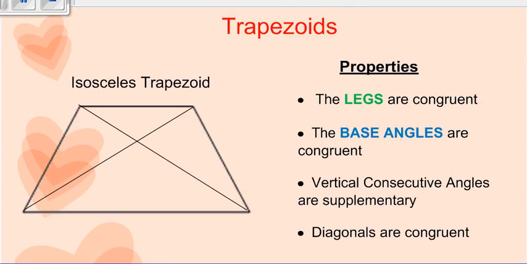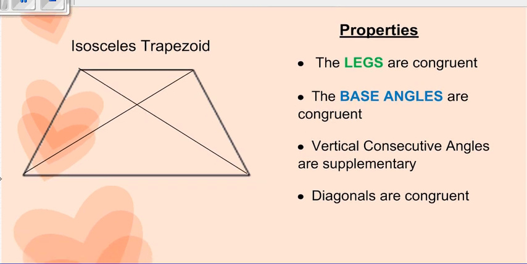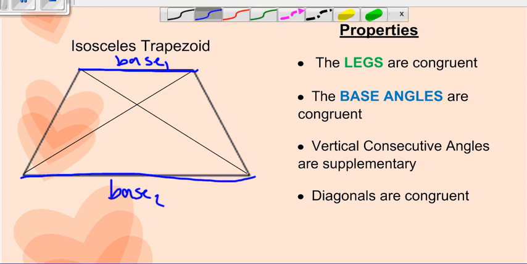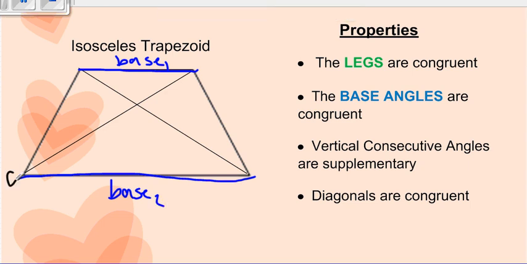So let's look at a special trapezoid known as the isosceles trapezoid. It's still going to have its two parallel bases, which will be there at the top and the bottom here for this shape. So that's the base 1 and base 2. I'm going to label my shape again. Let's use C, D, E, and F. Okay, and the legs are also going to be those non-parallel sides.